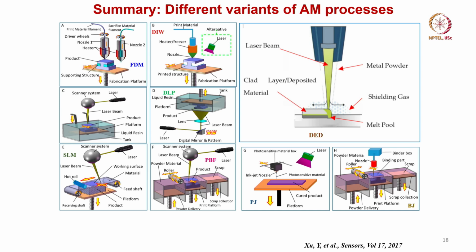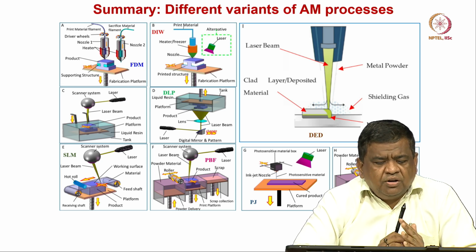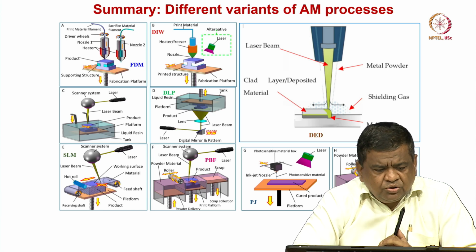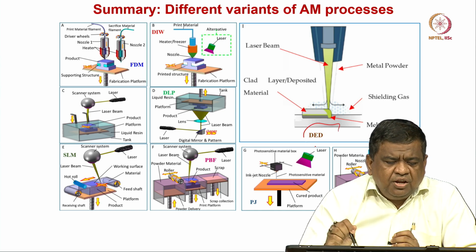So, this brings me to the summary of the different variations of additive manufacturing processes. As I mentioned, they are divided into several generic processes like laser powder bed fusion processes or electron beam melting processes, which have two different sources, one a laser source and one an electron beam melting source. Then directed energy deposition processes, DED, shown here.